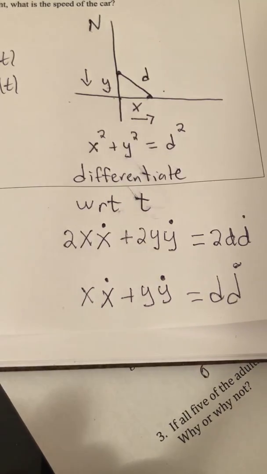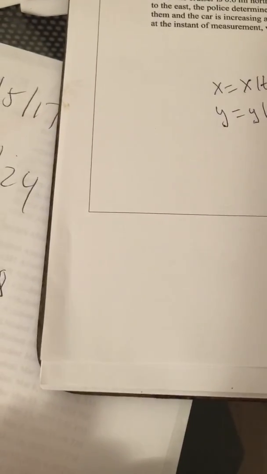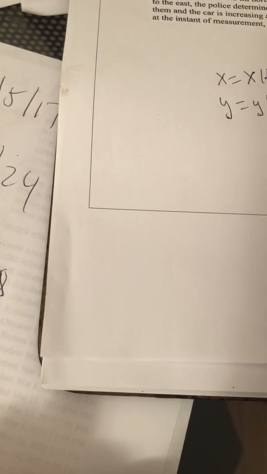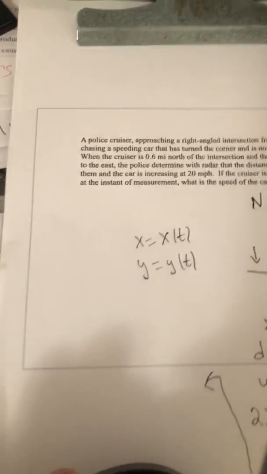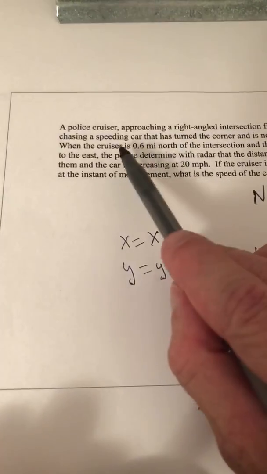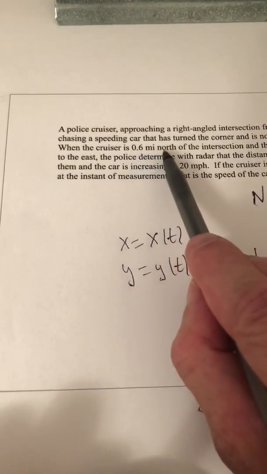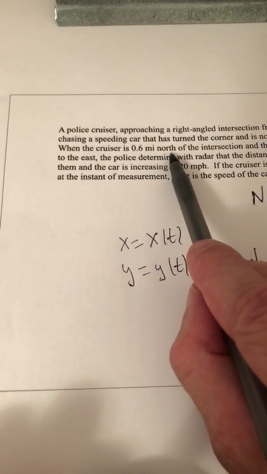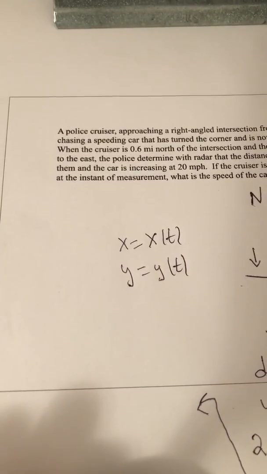Okay, so what were we given in this problem? The moment that we're concerned with is when the cruiser is 0.6 miles north of the intersection. So that tells us that the y value is exactly 0.6, right?